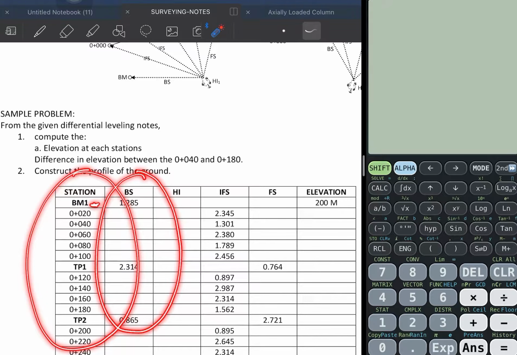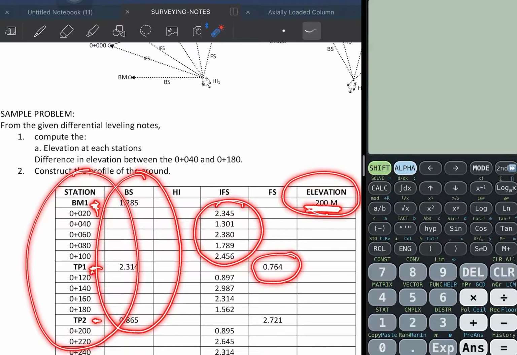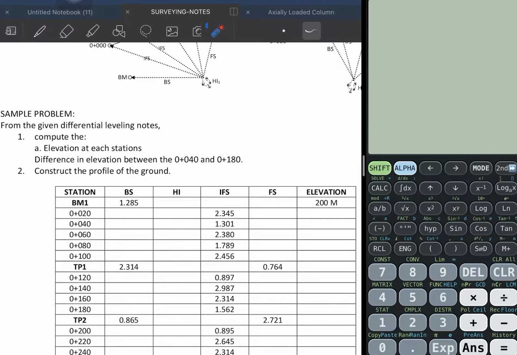You have backsight for benchmark 1, turning point 1, and turning point 2. You also have the elevation of the benchmark, which is assumed or maybe the actual elevation of benchmark 1. Then you have the intermediate foresight and the foresight of each turning point.